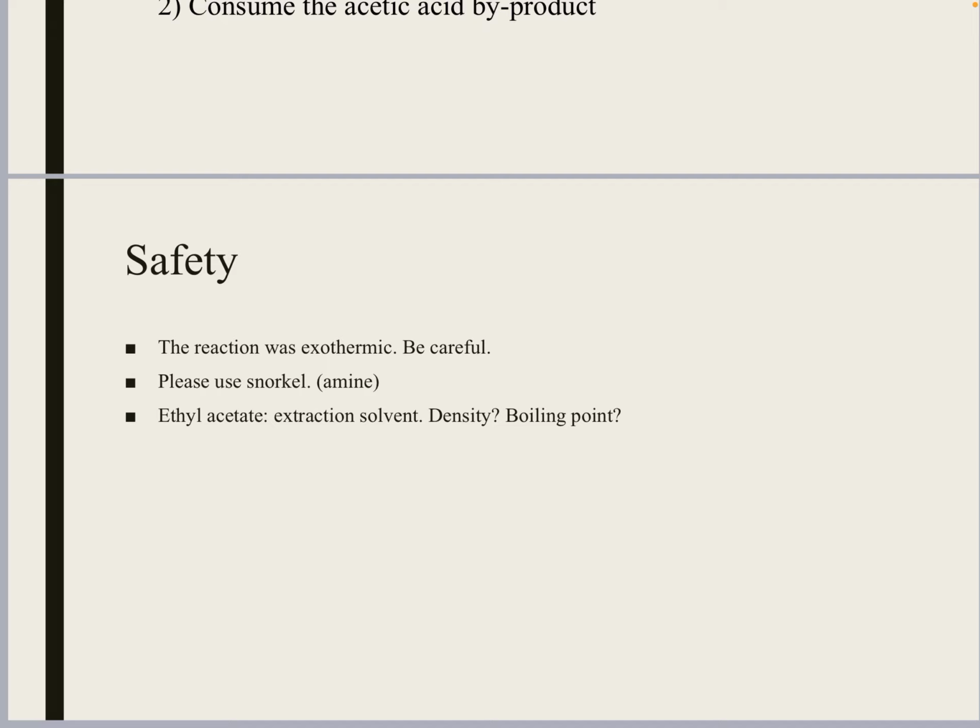However, if you go into the details, you will realize that we're going to start with acetic anhydride, which is a liquid, and a primary amine, which is also going to be a liquid, to form a solid product in aluminum oxide catalyst, right?